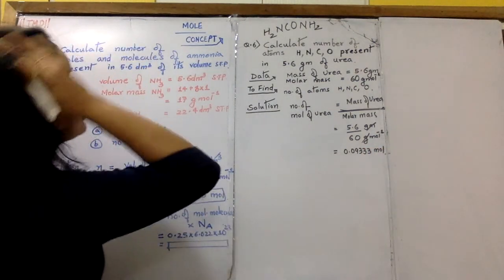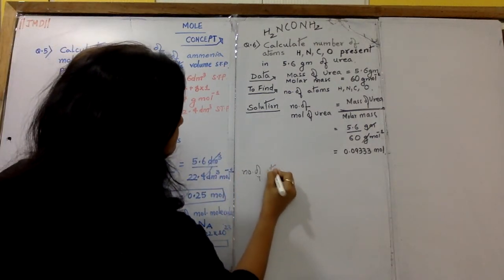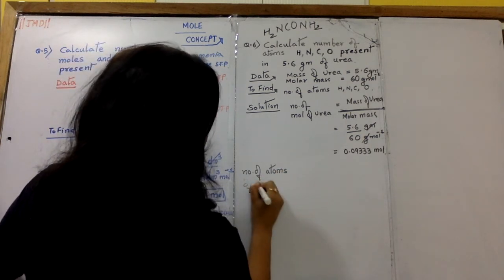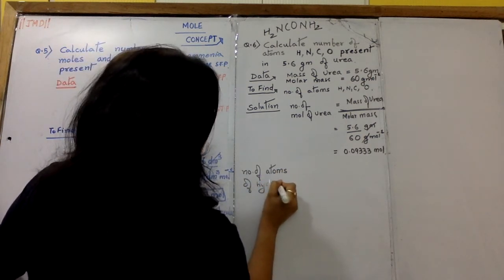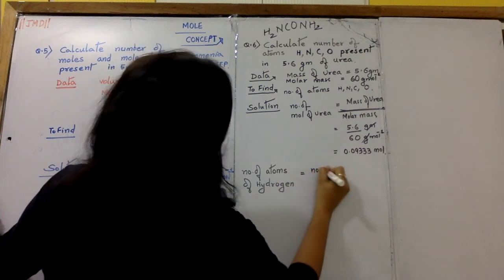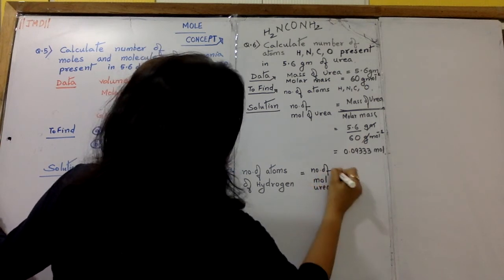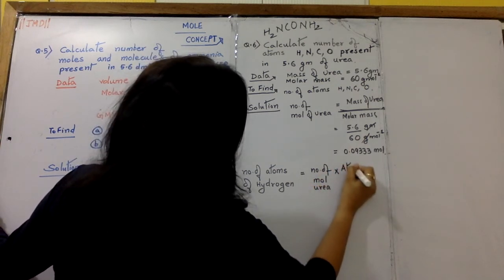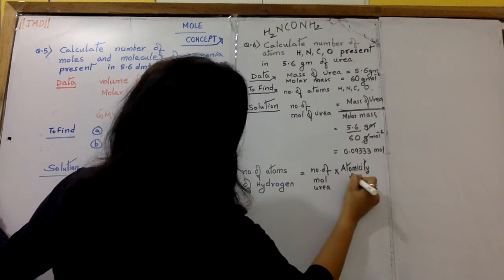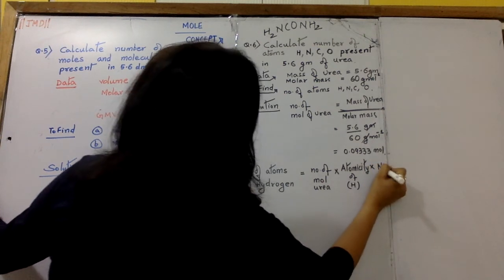Now I want to find the number of atoms of hydrogen. So what we'll do is something very, very simple. Number of moles of urea into atomicity of hydrogen in it into Avogadro's number.